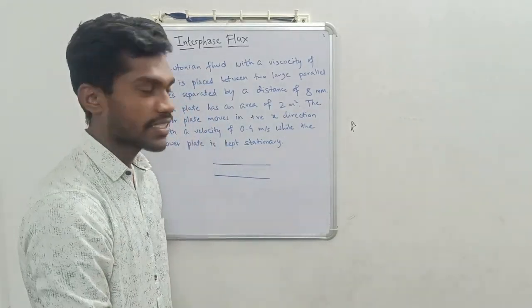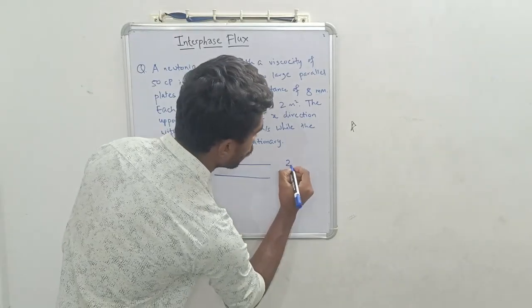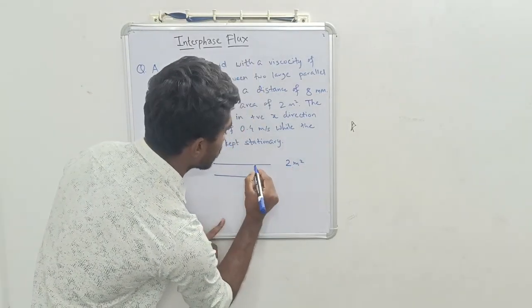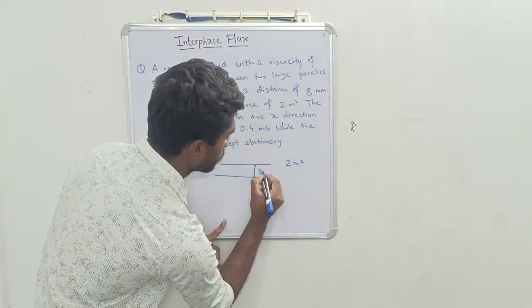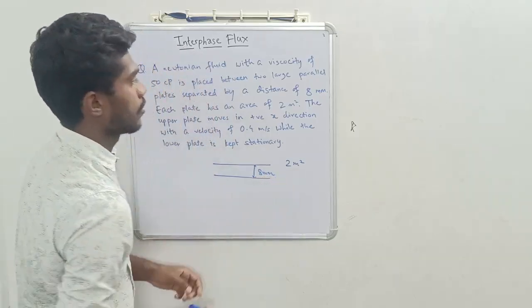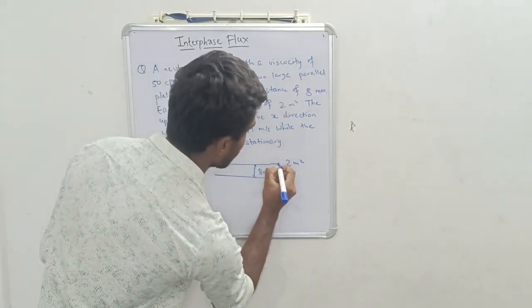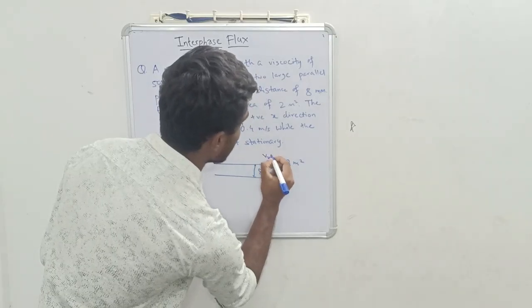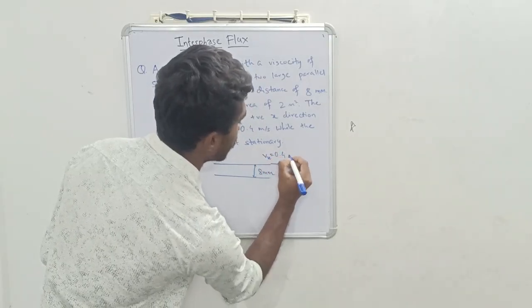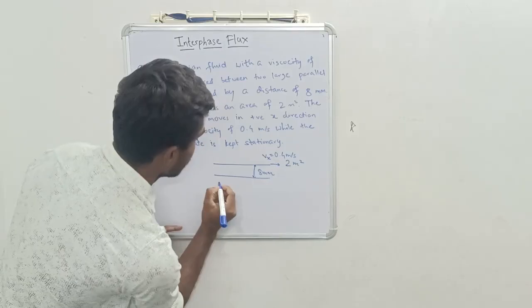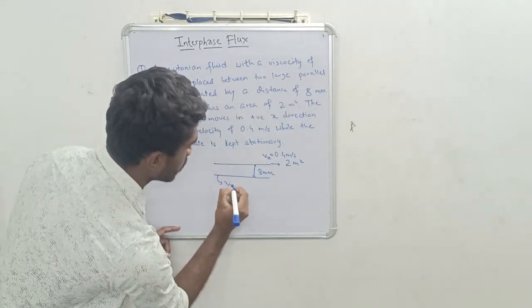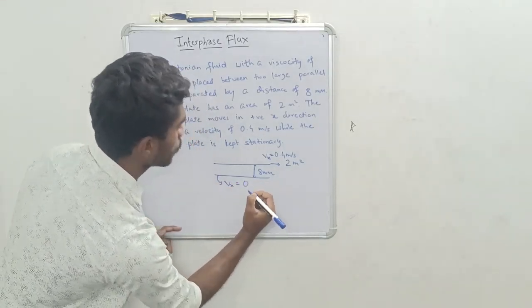So both plates have an area of 2 meters squared and the separation between two plates is 8 mm. Also we have given that the upper plate is moving in x direction with a velocity of 0.4 meter per second and the lower plate is kept stationary, so its velocity will be 0.